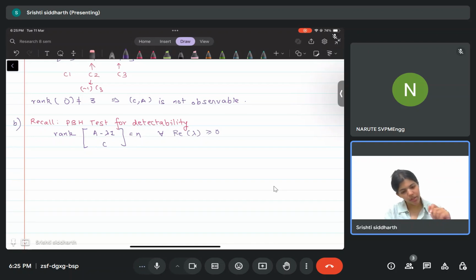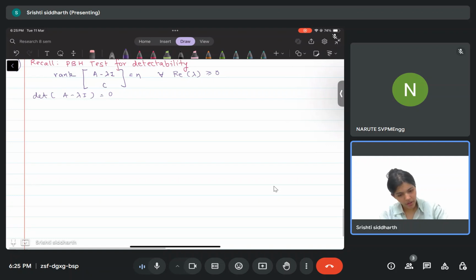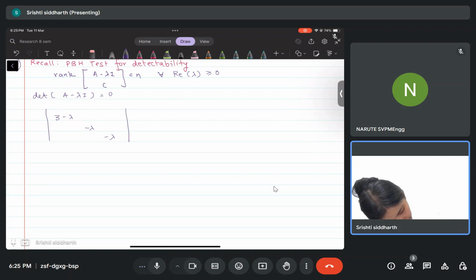So we first have to determine the eigenvalues, okay? Let's find the characteristic equation. A minus lambda I has 3 minus lambda, minus lambda, and minus lambda on the diagonal, so the other entries remain the same: minus 1, 5, and 4.